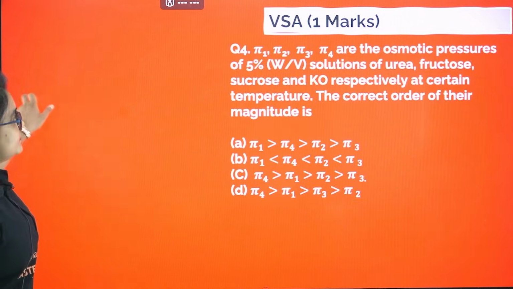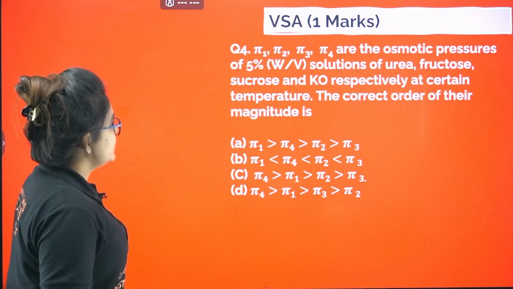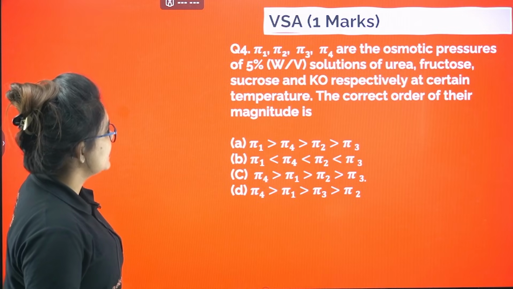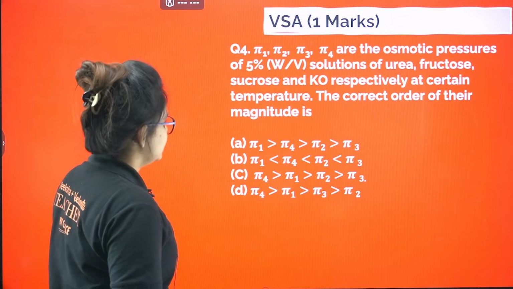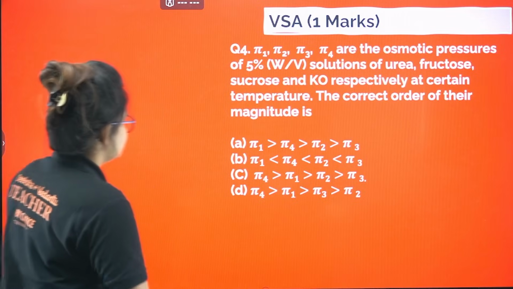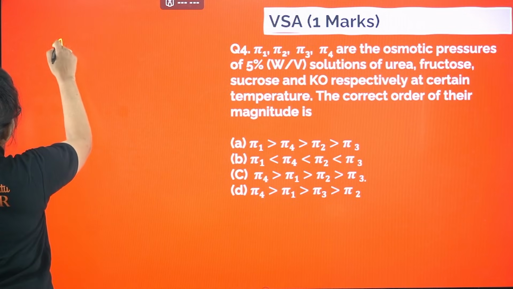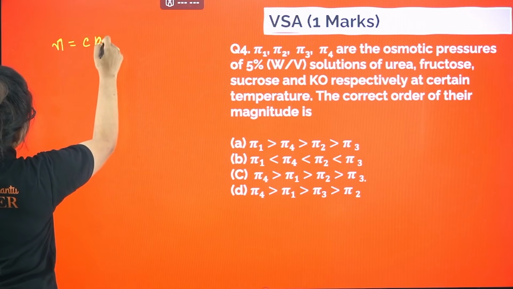Let's proceed further. Pi 1, pi 2, pi 3, pi 4 are the osmotic pressures of 5% solution of urea, fructose, sucrose and potassium chloride respectively at certain temperature. What is the correct order of their magnitude? For this particular case, what is the formula? Pi equals CRT.